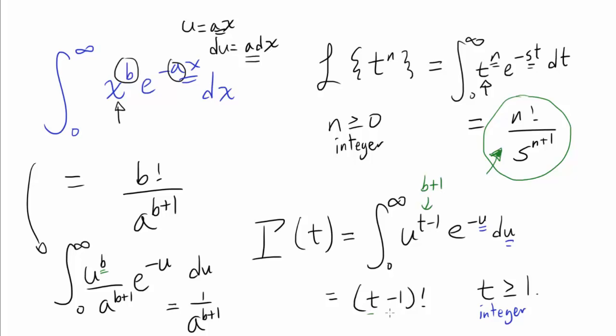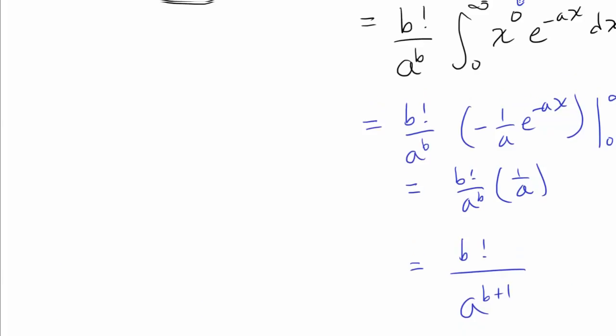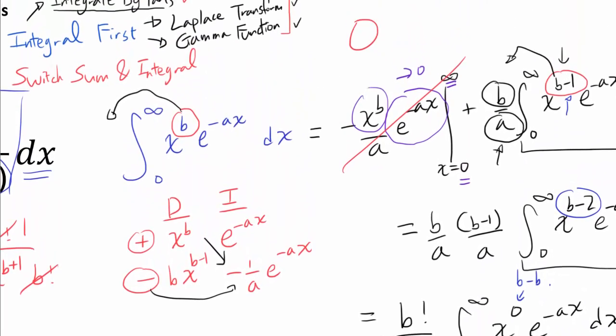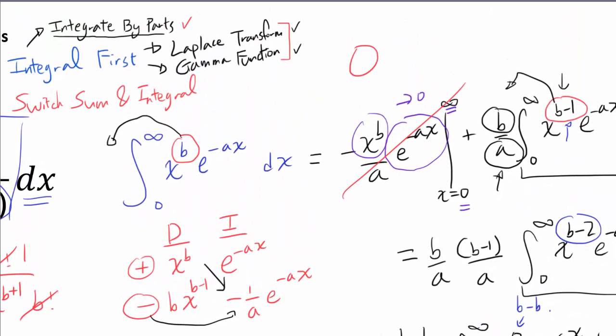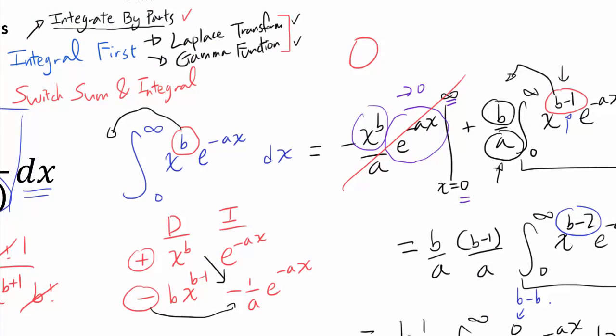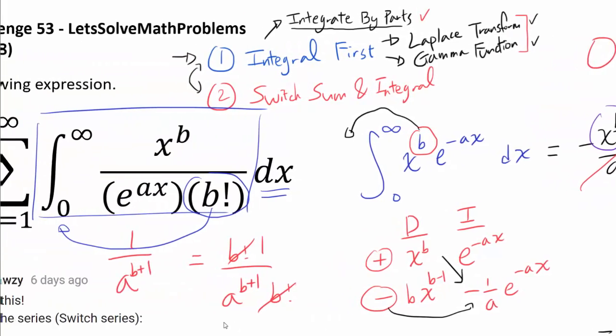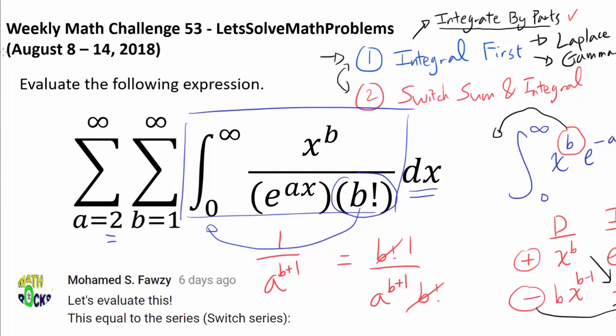So we know that's b plus 1 minus 1 factorial, or b factorial. So this entire integral evaluates to b factorial, and we get the same thing. So let's go back up, and once again, the gamma function and Laplace transform really have this integration by parts programmed inside. So really, you're just skipping a step. Anyway, let's finish the problem.